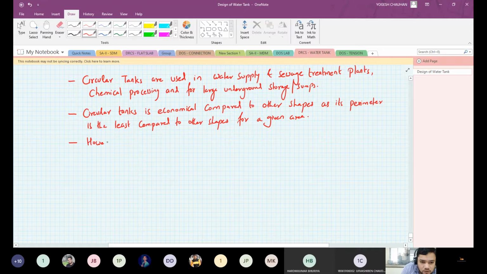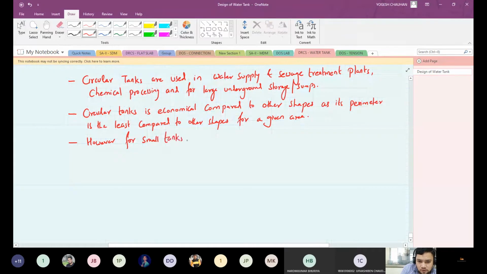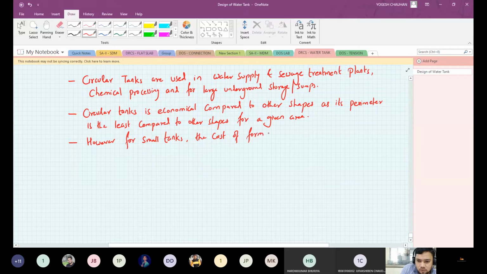However, for small tanks, the cost of formwork for a circular tank is more, and hence rectangular tanks are preferred.